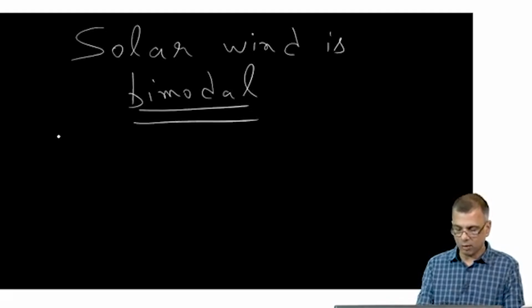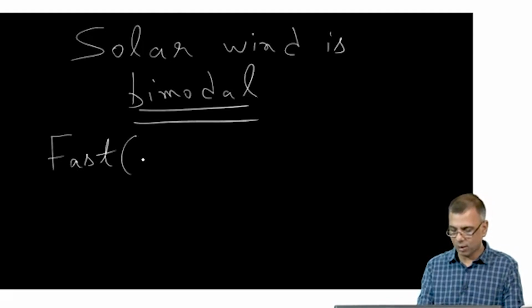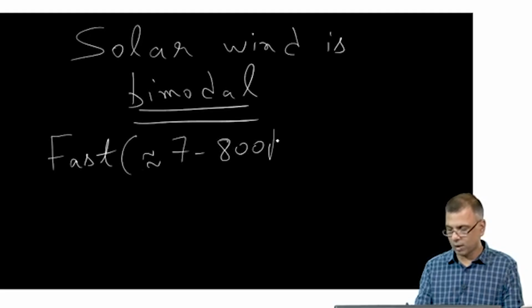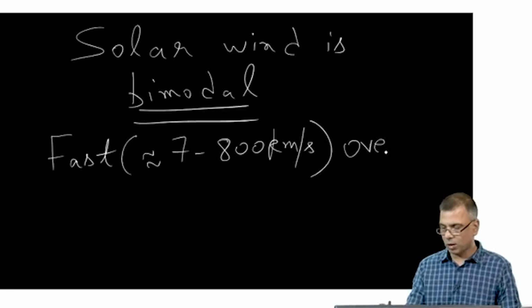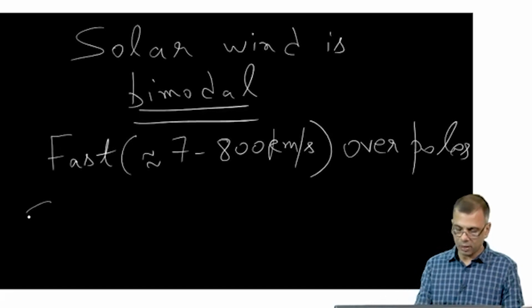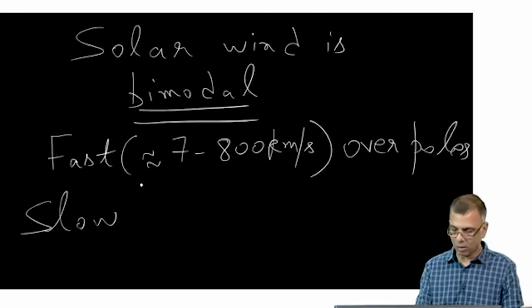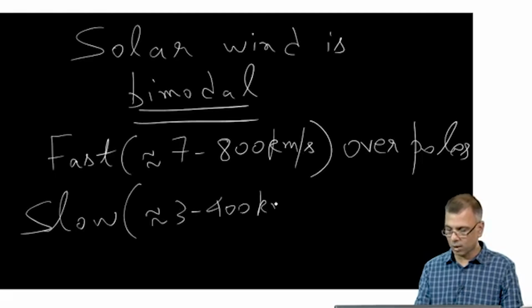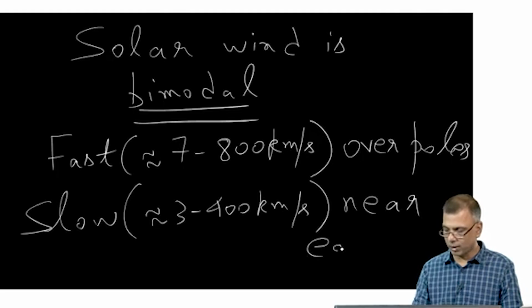There is a fast wind, around, I don't know, 700 to 800 kilometers per second, over the poles, and slow, meaning around 300 to 400, near the equator.